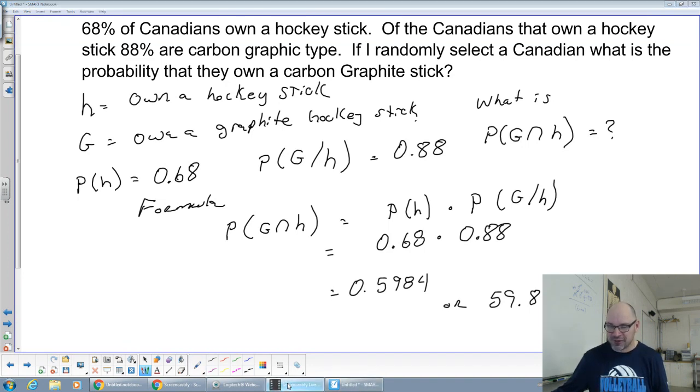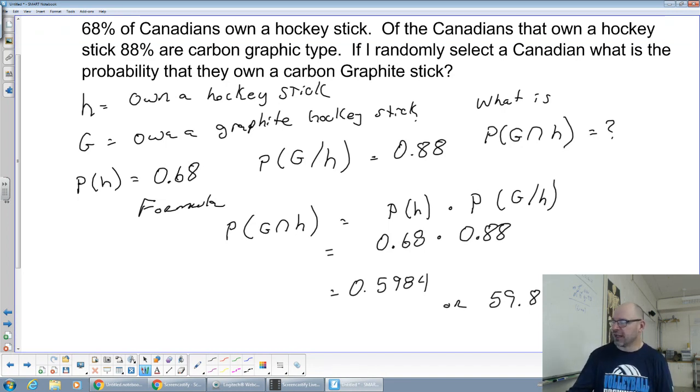Let's check our time here. It's about 18 minutes. So we can do our third example, which deals with kind of a tree example. Sometimes they throw in complements. So like in this one here, I could have said, what is the probability that if you own a hockey stick, it's not graphite?